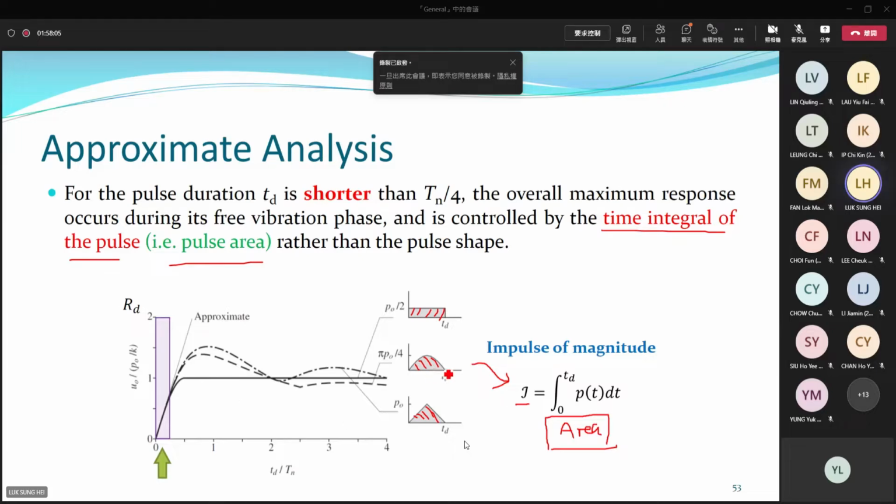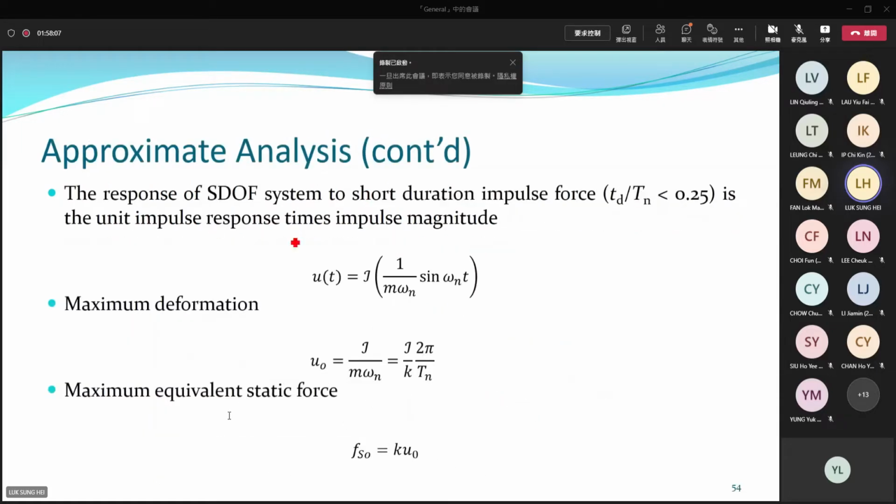And then the displacement, according to this approximate method, the displacement response is just the unit impulse response multiplied by the pulse magnitude. The pulse magnitude means the area that we calculated on the previous slide.